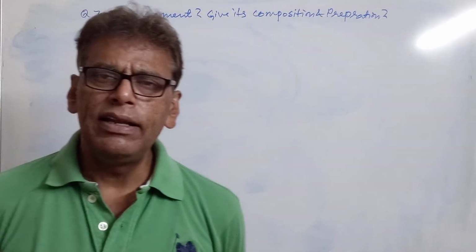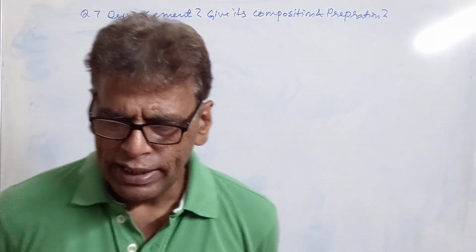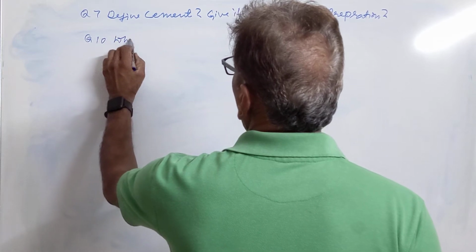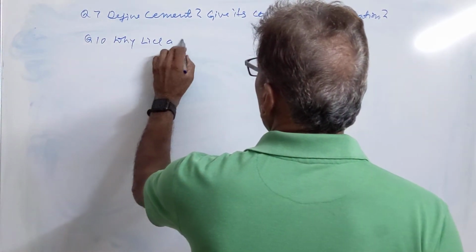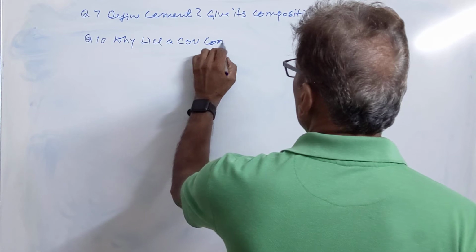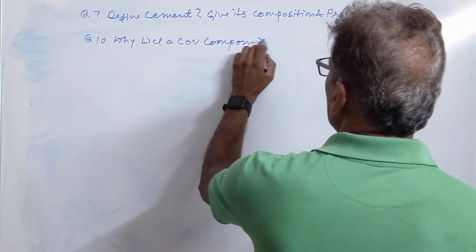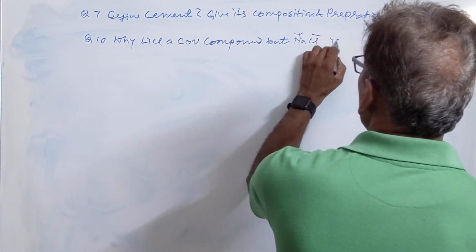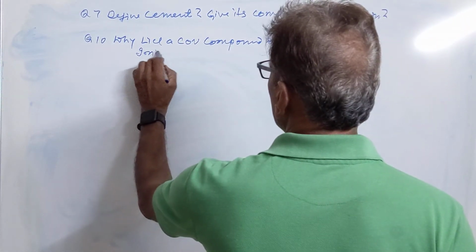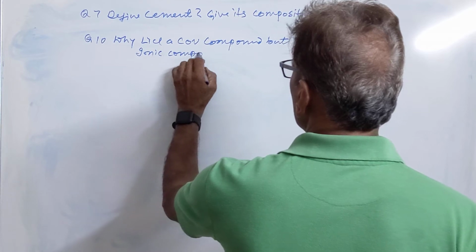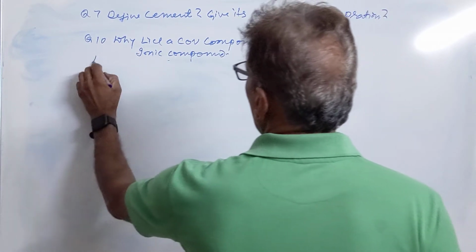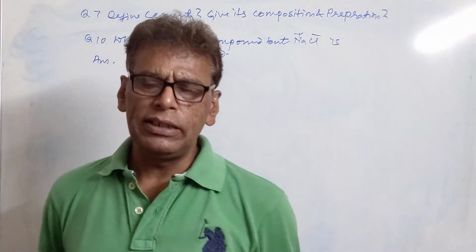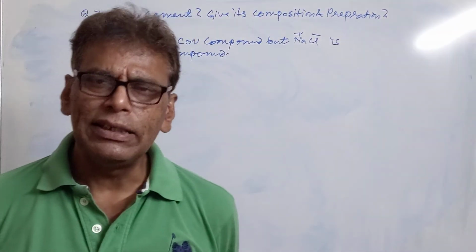Why is LiCl a covalent compound, but NaCl is an ionic compound? LiCl is a covalent compound due to the small size of lithium and its high polarizing power.